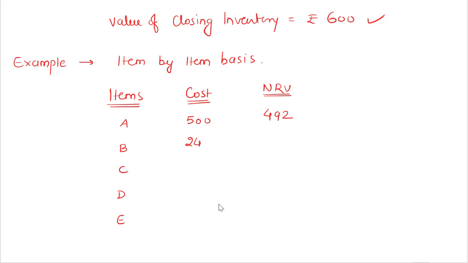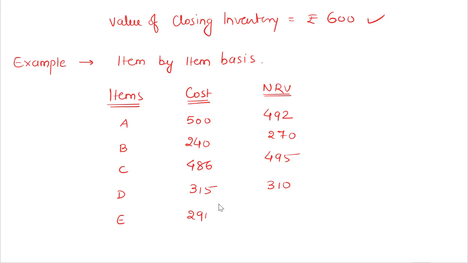Item B, the cost is 240 and the net realizable value is 270. Item C, the cost is 486 and net realizable value is 495. Item D, the cost is 315. The net realizable value is 310.